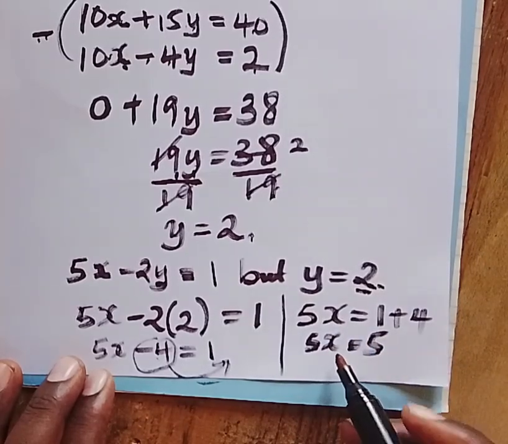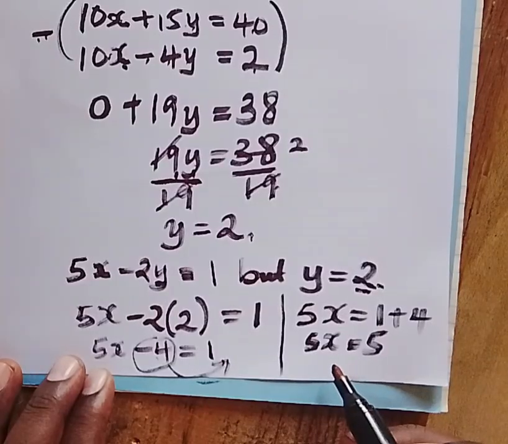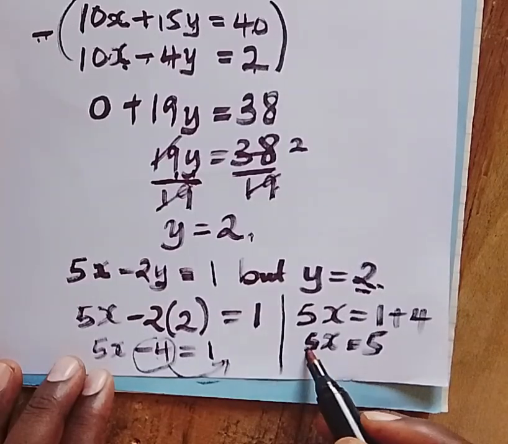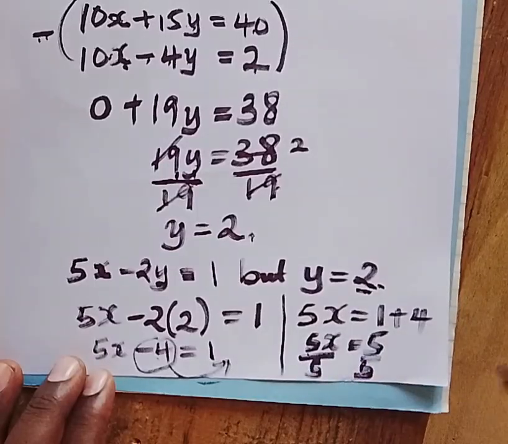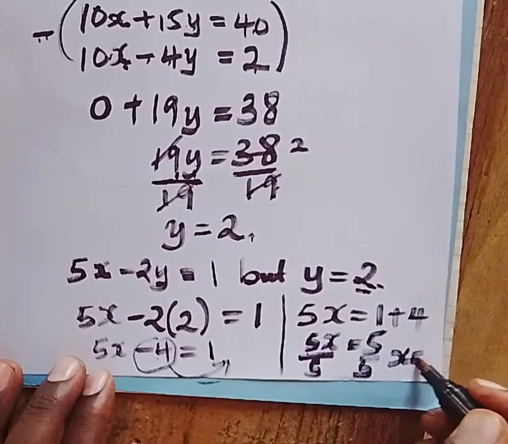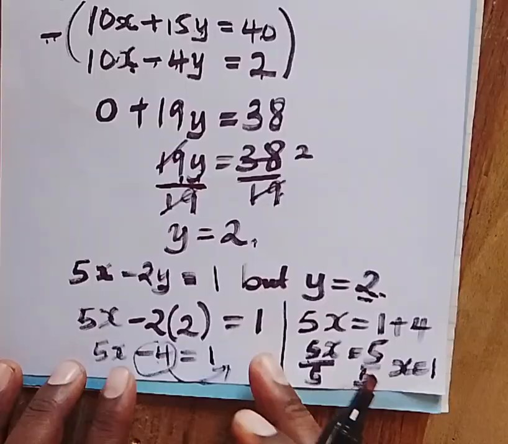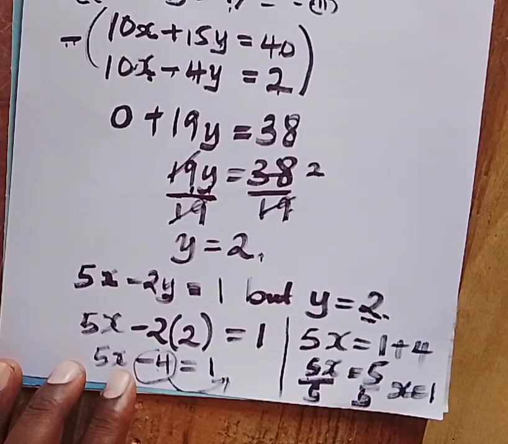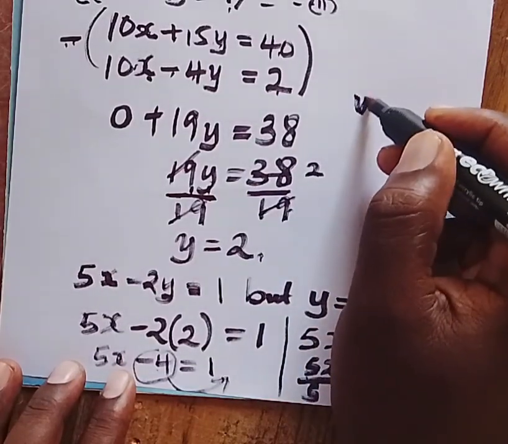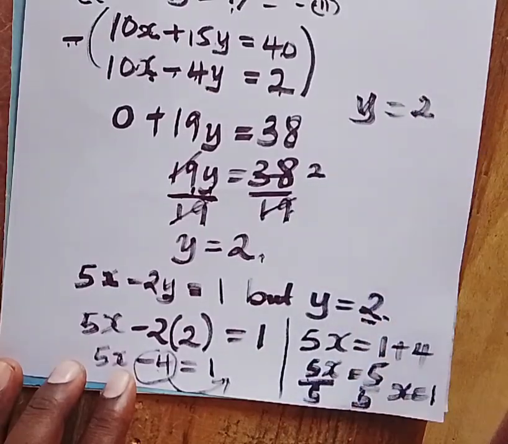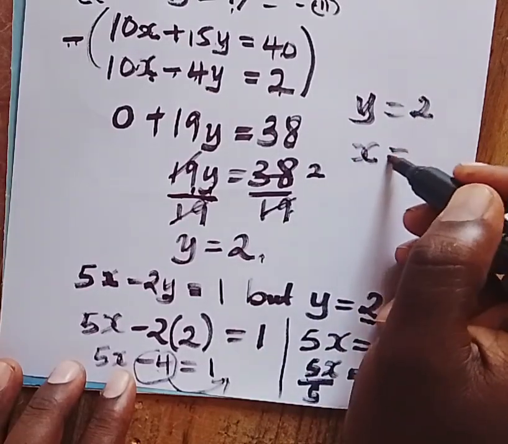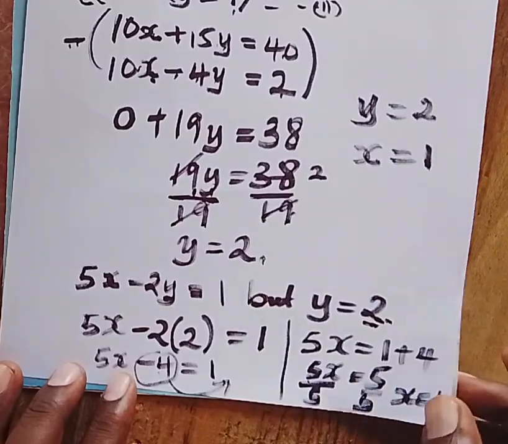Again, we divide by the coefficient of x, which is 5. So divide by 5, divide by 5, and now x is equal to what? 1. So now we have got our values: y is equal to 2 and x is equal to 1.